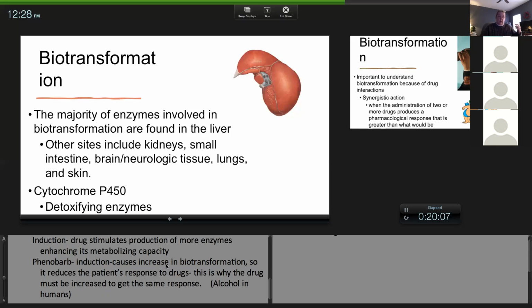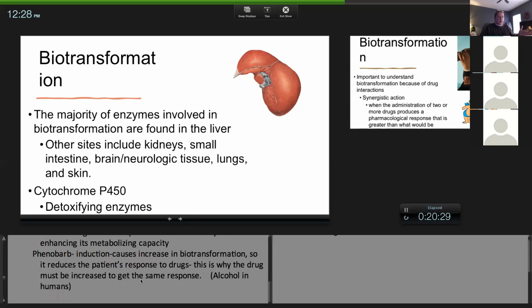So when that drug is given, it increases the biotransformation of the drug. What ends up happening is the owner gives the same phenobarb daily, and the liver, like we talked about, they kind of get used to the drug. So it reduces the patient's response.